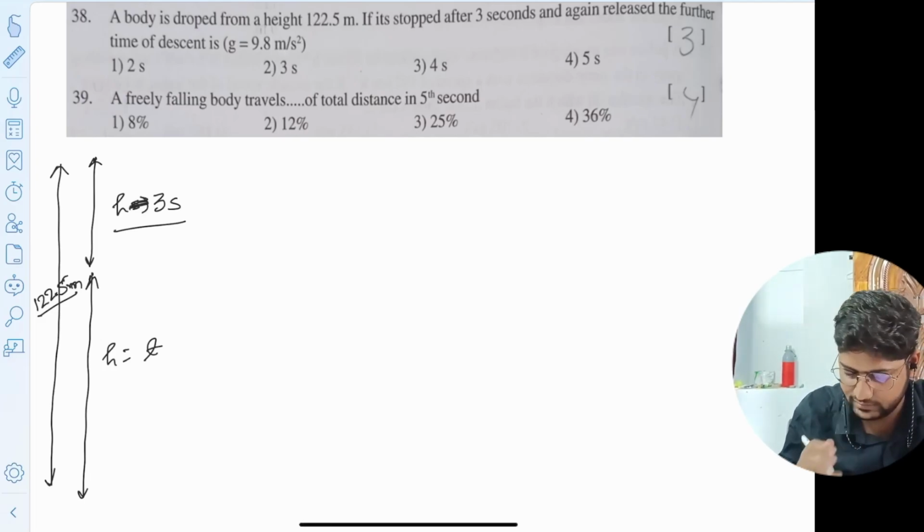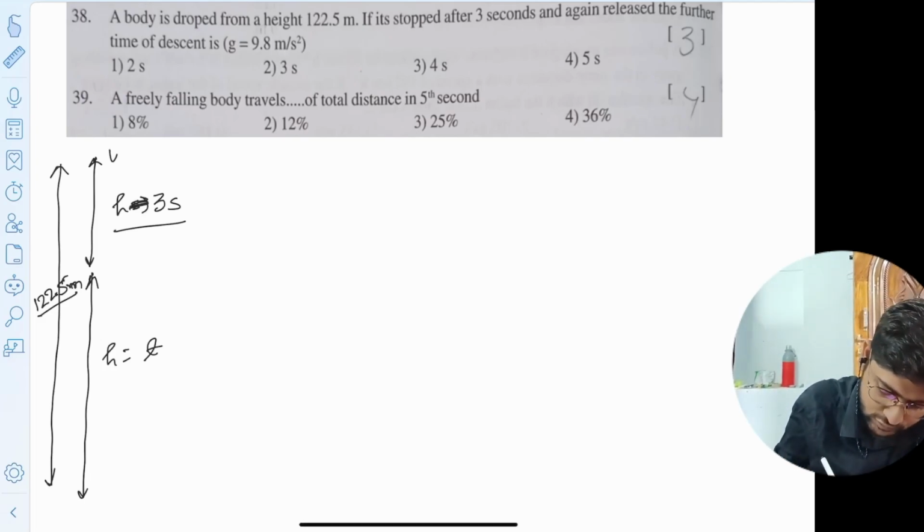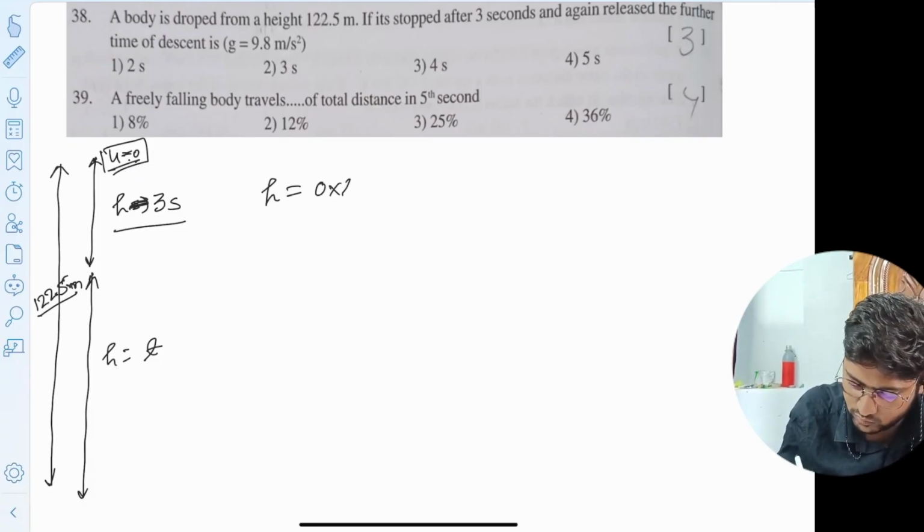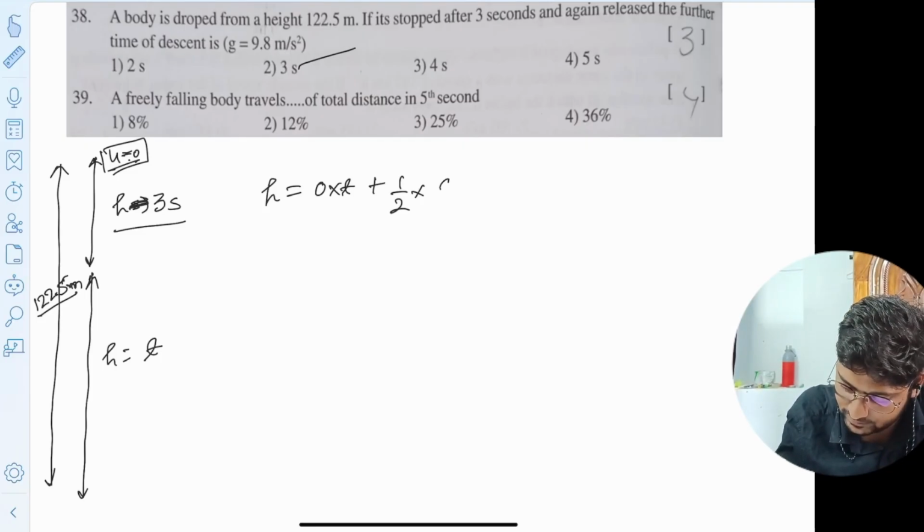So u equals 0. We know the formula to calculate height, which is distance only. So s equals ut plus half at square. Initial velocity 0, 0 into time 3 seconds, 0 plus half into g equals 9.8. Write g only, no problem.